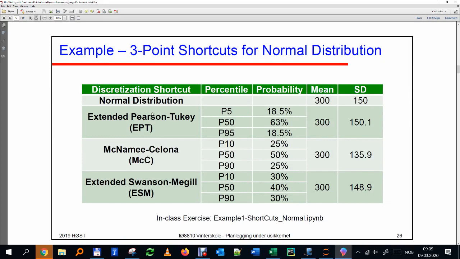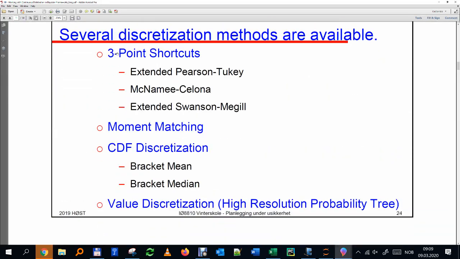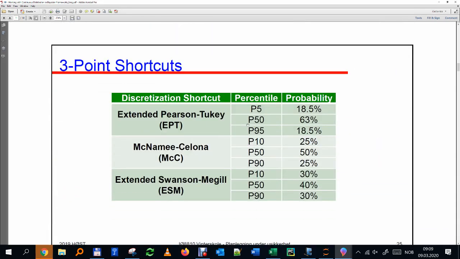So for example, you have all of these methods. If you want only 3 points, 3 values, they say, well, you can use these 3 methods. You have this moment matching. I think that's, we'll see.